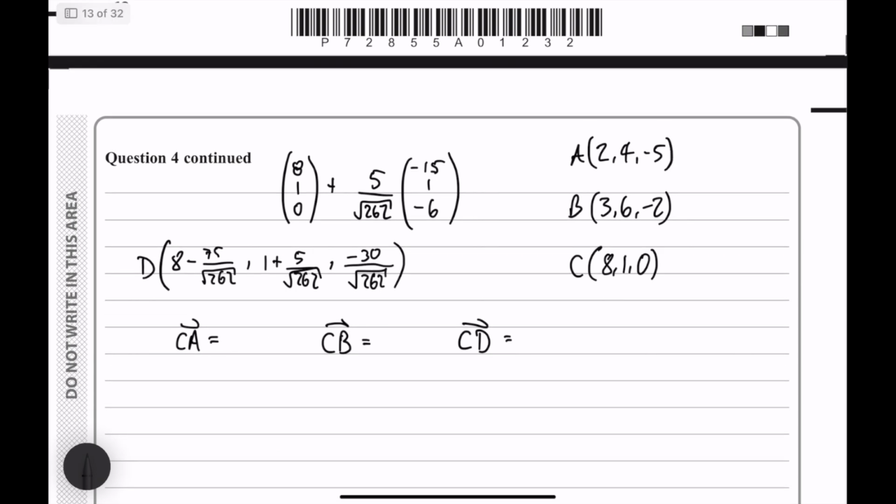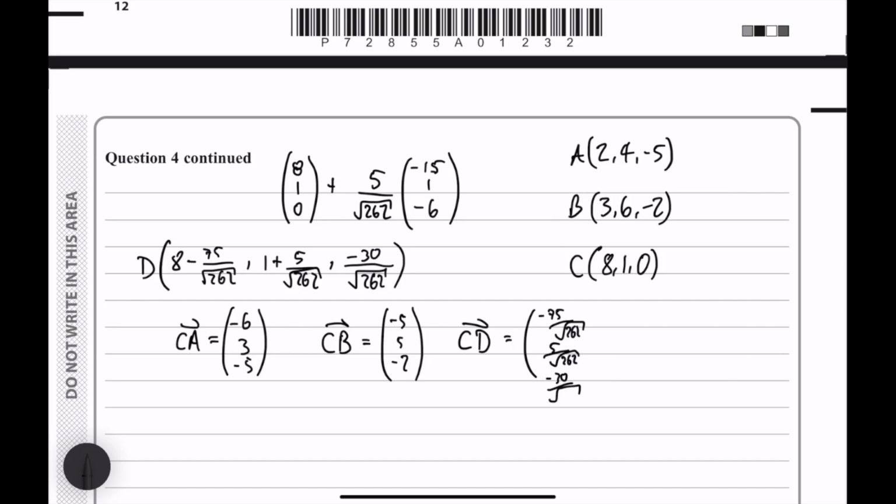So C to A, that's A minus C, is minus 6, 3, minus 5. C to B is minus 5, 5, and minus 2. And then the point of using C here is that CD just gives me minus 75 over root 262, 5 over root 262, minus 30 over root 262.